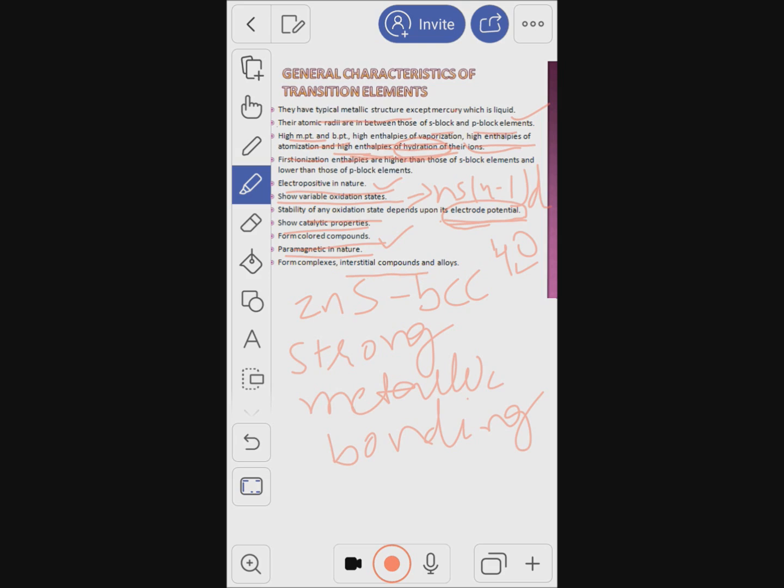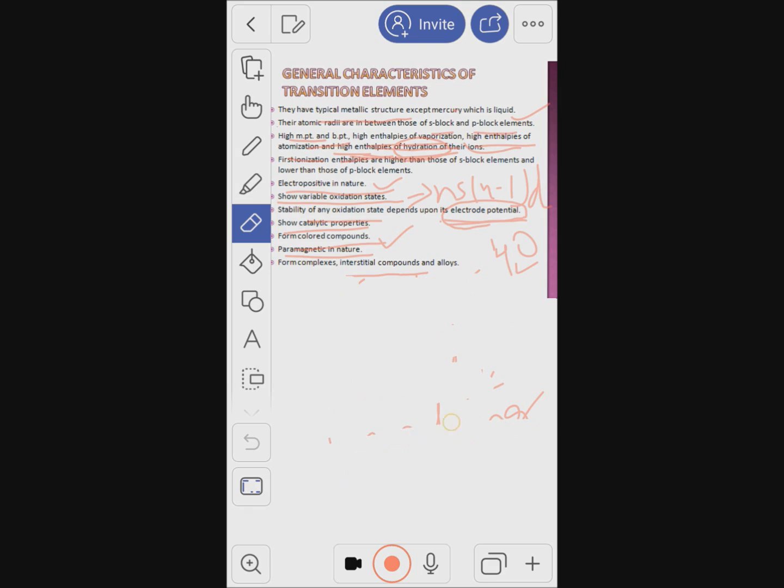Interstitial compounds, for example, Fe3H is the interstitial compound.